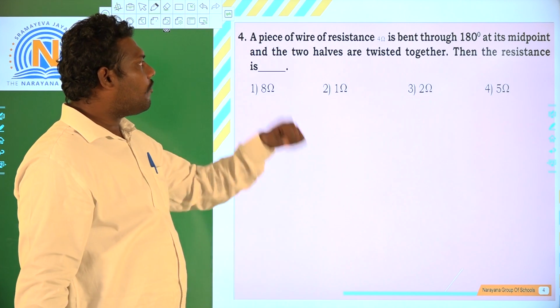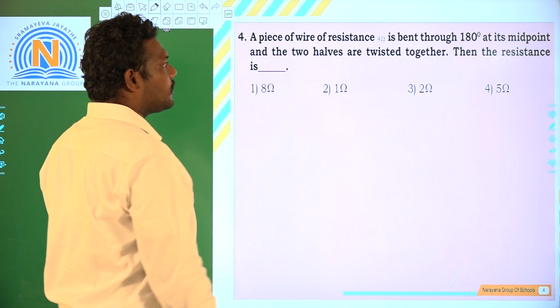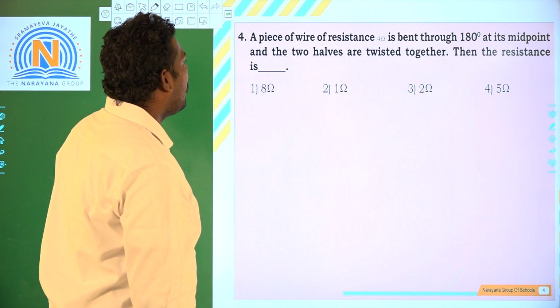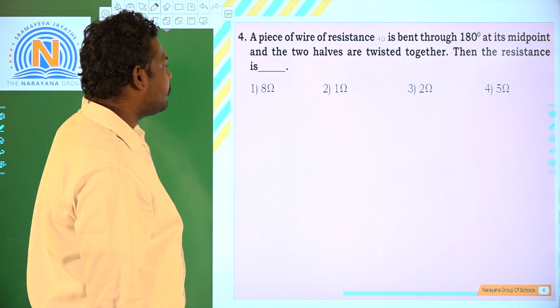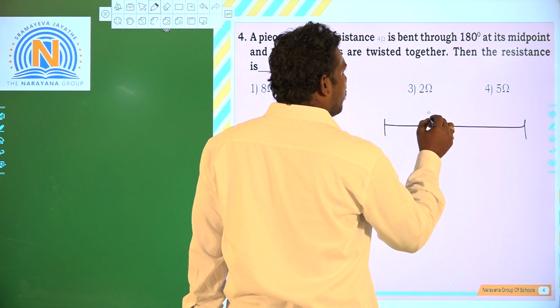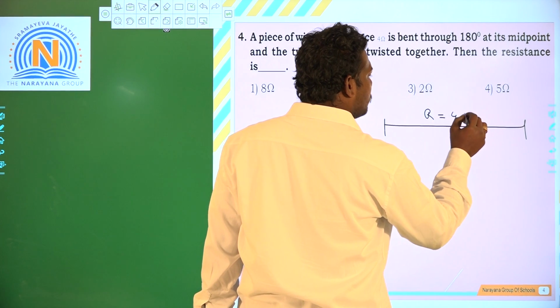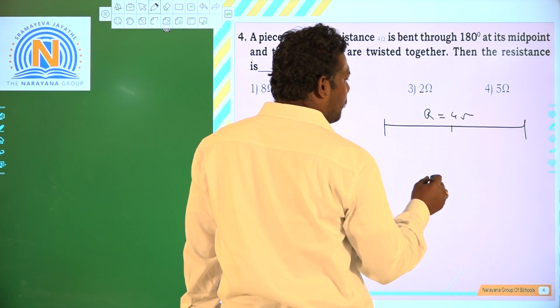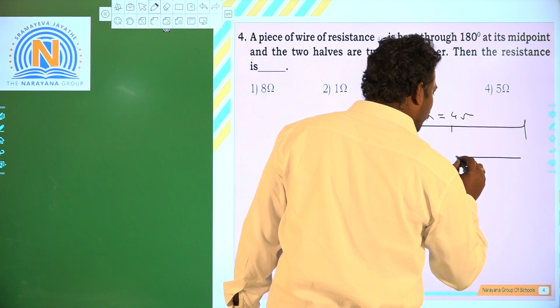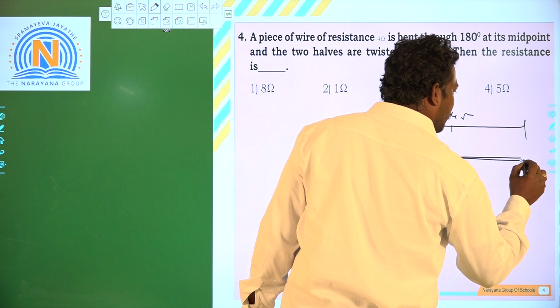A piece of wire of resistance 4 ohms is bent through 180 degrees at its midpoint and the two halves are twisted together. Now let us say there is a wire having a resistance of 4 ohms. Exactly at the midpoint it is bent and formed as a thick wire.